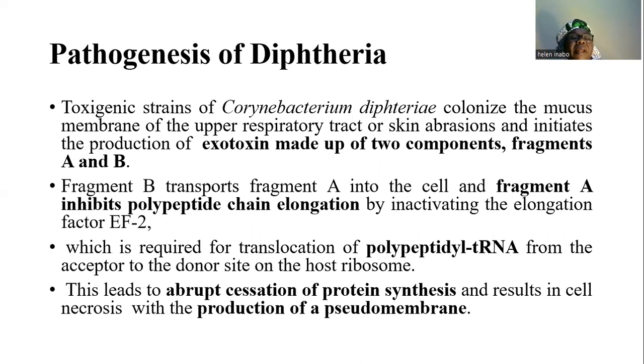Pathogenesis of diphtheria. Toxigenic strains of Corynebacterium diphtheriae are known to colonize the mucous membrane of the upper respiratory tract of children between the ages of less than 1 year to 5 years.